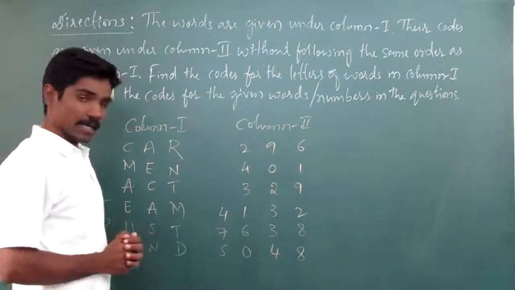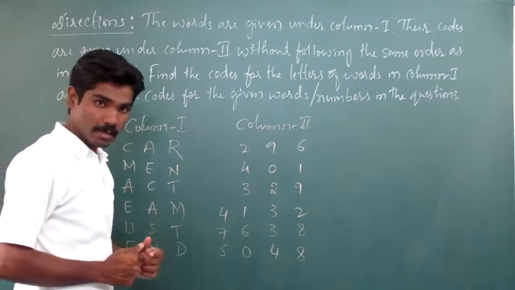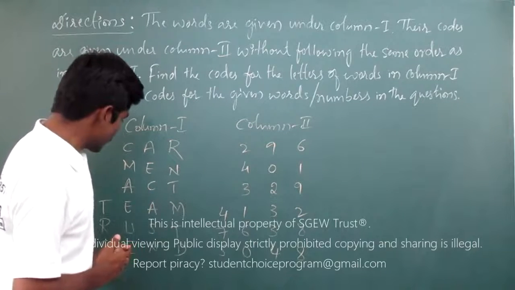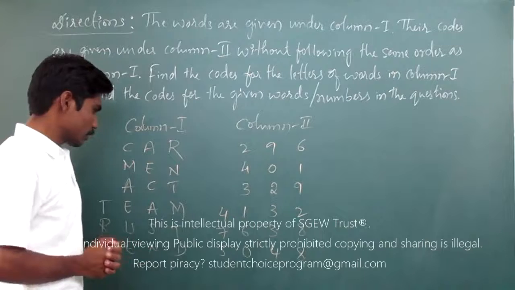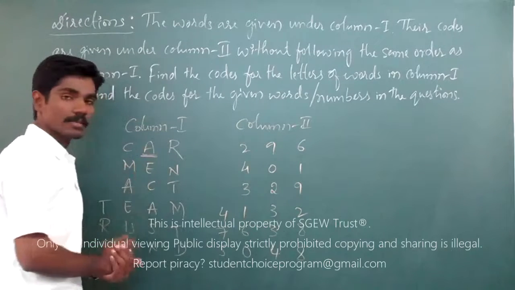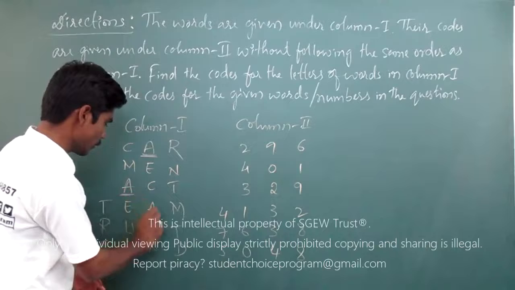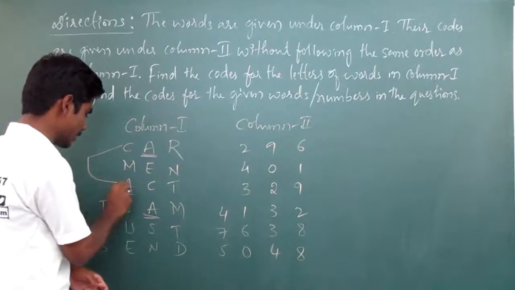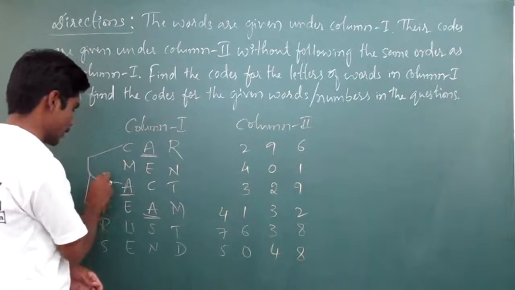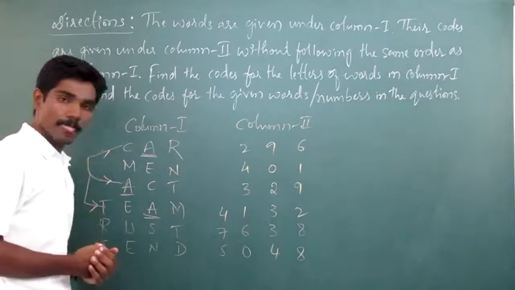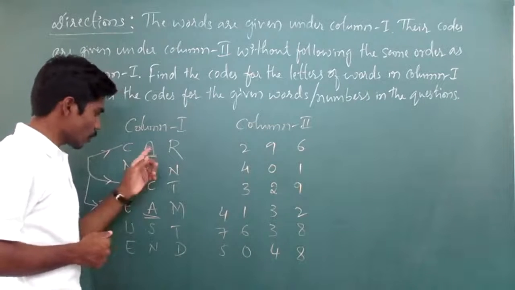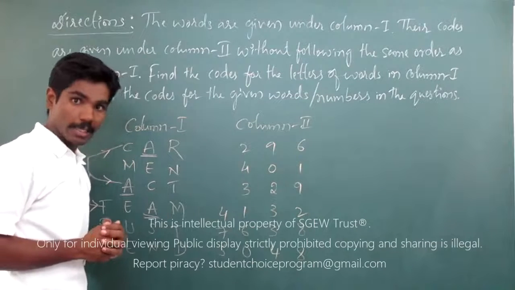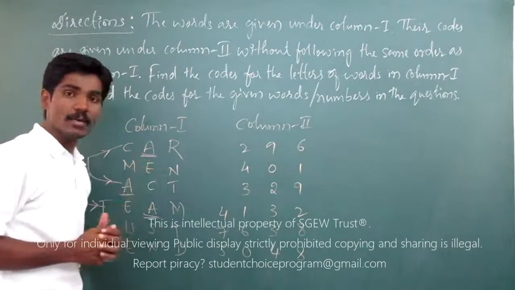Now to code the letters, first I will consider a letter which is present at maximum places. When you observe column 1, the letter A is present at 3 places. That is CAR, ACT and TEAM. In these three cases, A is present. To find the code for the letter A, I will look for the number which is common in the codes for these three words.